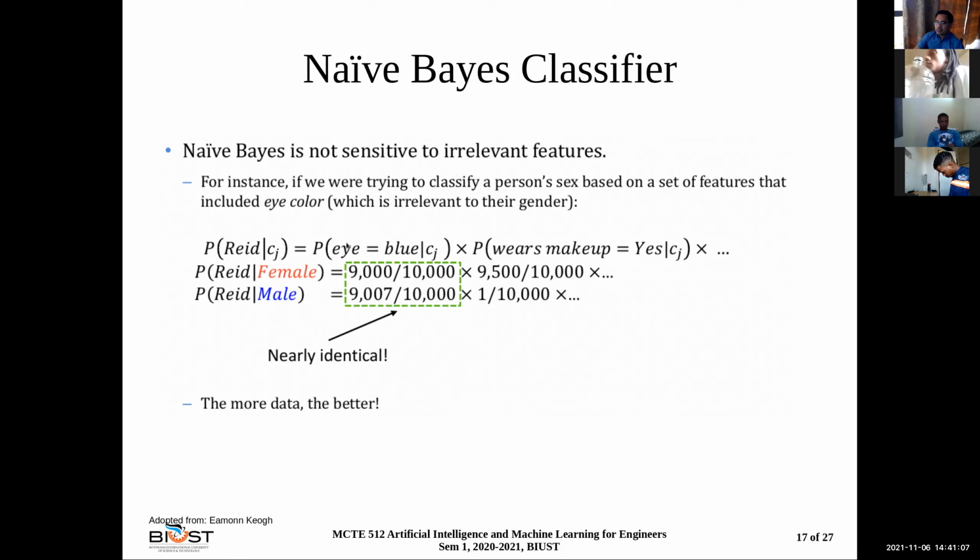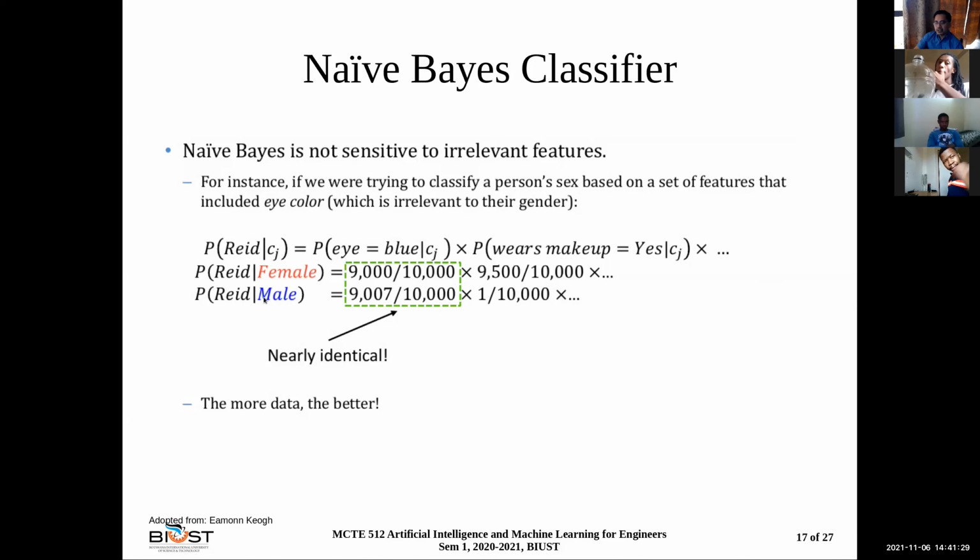So now we take the probability of all the other features. Given blue, that it is male and female, wears makeup, male and female, and so on. Given all the features of female, and given all the eye colors, we multiply everything.